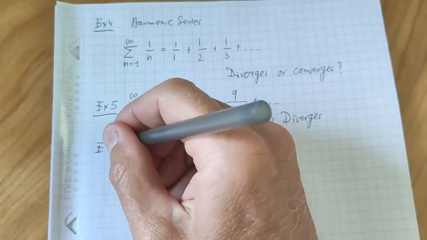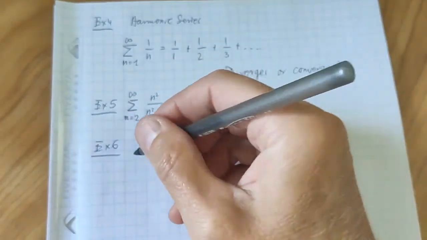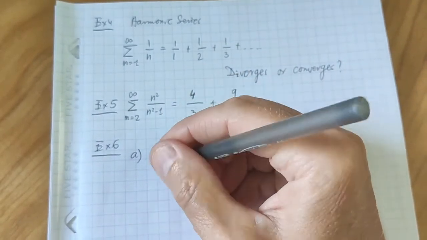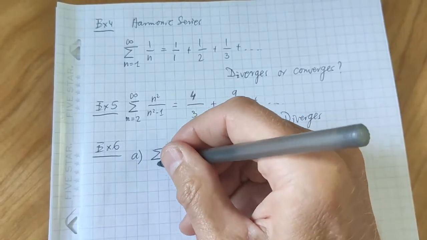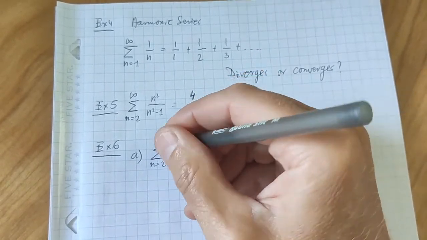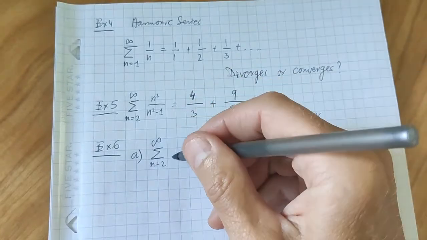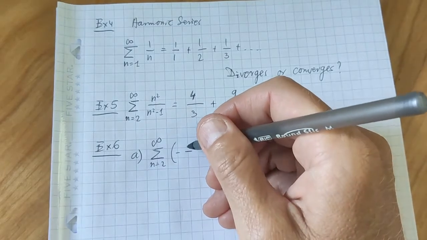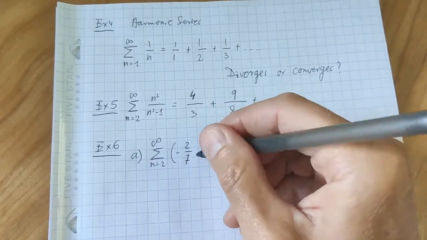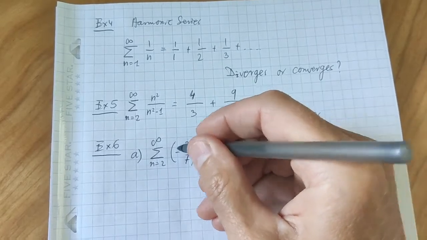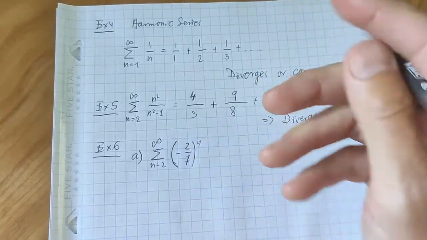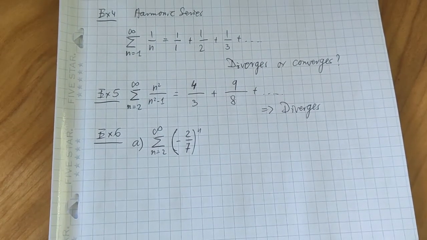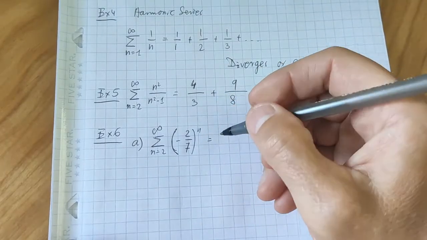Alright, example 6. It's 2 parts. So the first one looks like this. So from n equals 2 again to infinity, and the formula looks like this: negative 2 over 7 to the power of n. Okay, so if we write a couple terms, we would get what?